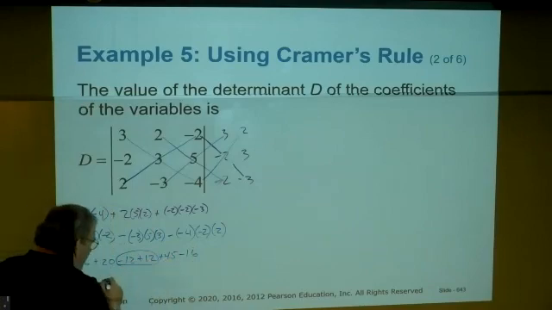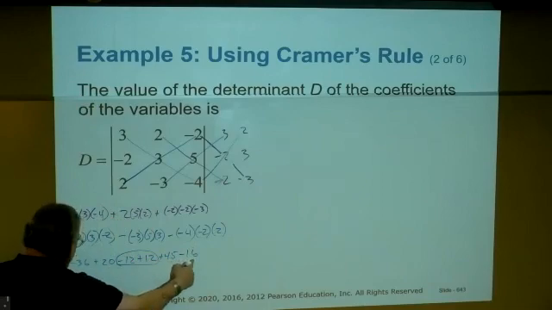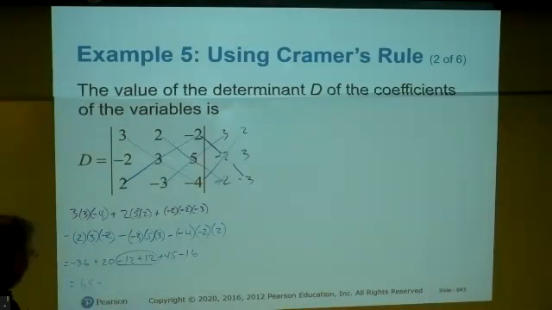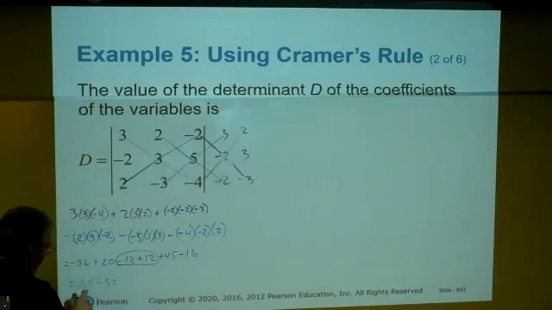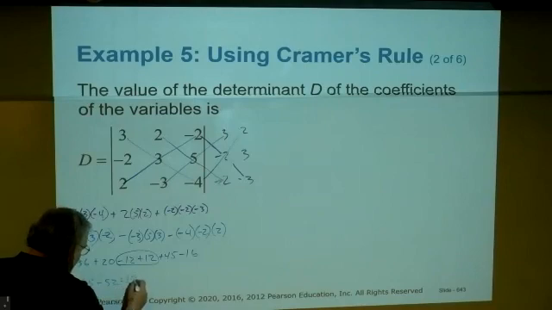So 20 and 45 is 65, and a negative 36 and a negative 16 is what? Negative 42? No. 52. It's a negative 52. And 65 minus 52 is 13.